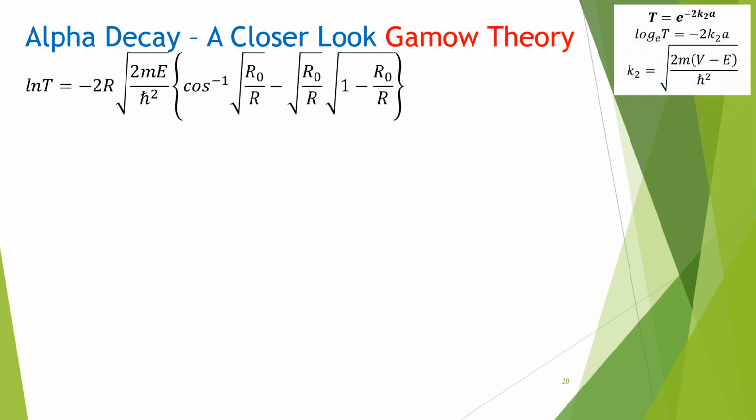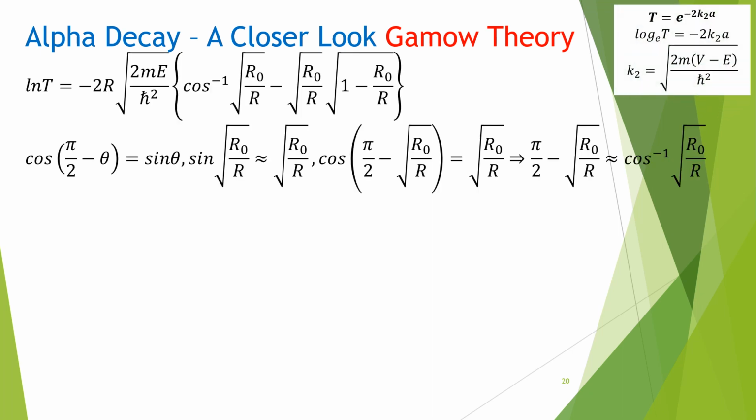So I'm rewriting these equations, and here we have the identity cos of pi by 2 minus theta is equal to sin theta, and sin of under root r0 upon r is approximately equal to under root of r0 upon r.